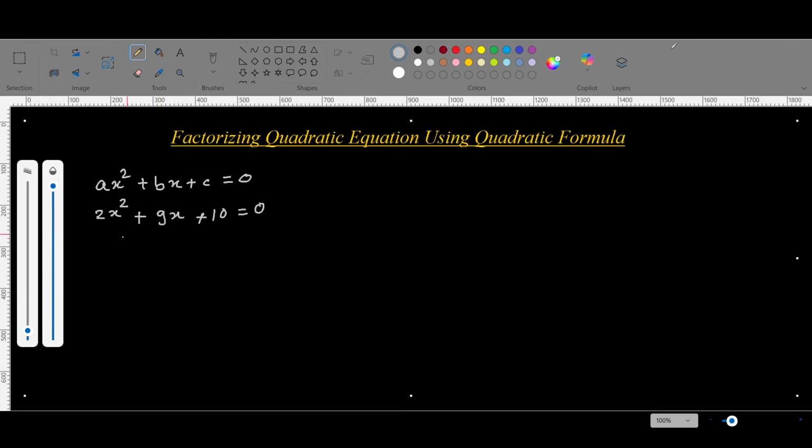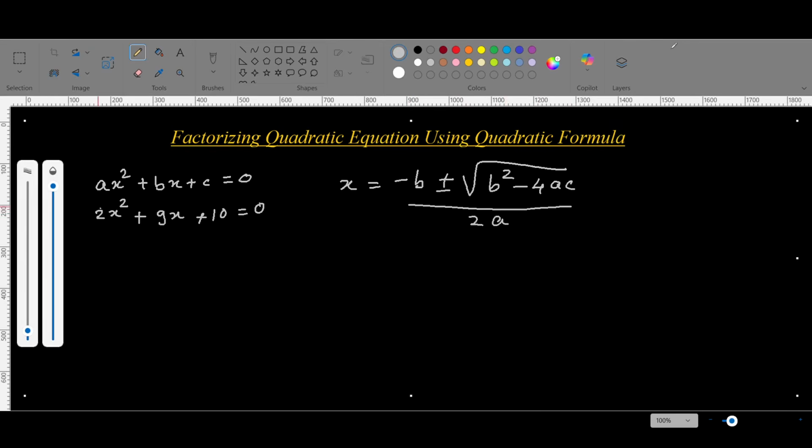A second degree equation, that is the quadratic equation, can be solved using the quadratic formula. The quadratic formula is x equals minus b plus or minus root over the discriminant, which is b squared minus 4ac, divided by 2a.